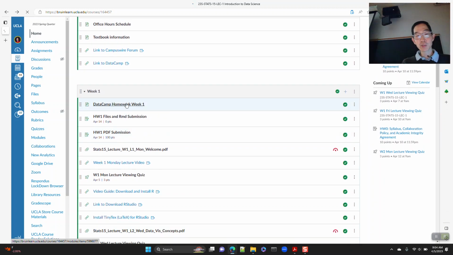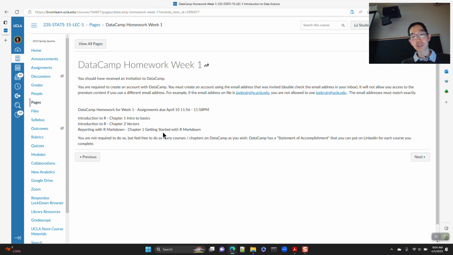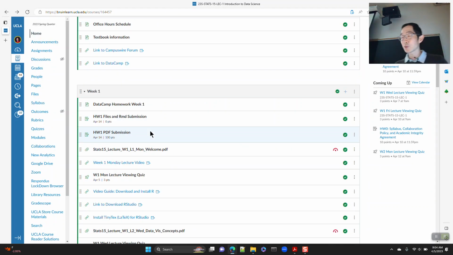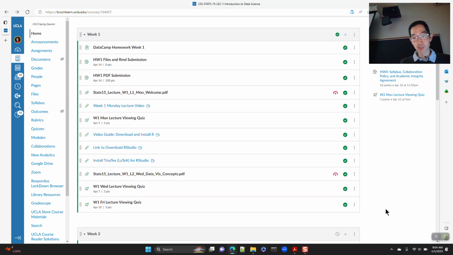Part of your Data Camp homework this week is to learn how to use R Markdown. Getting started with R Markdown is one of the chapters assigned, and hopefully that will give you a sense of how to use it. You have your TAs, and you can come to office hours if you're facing any trouble.